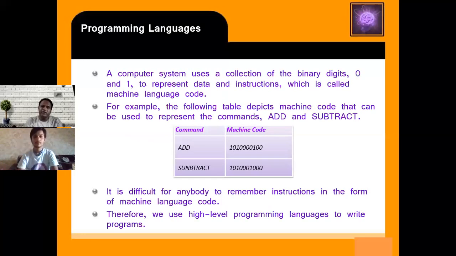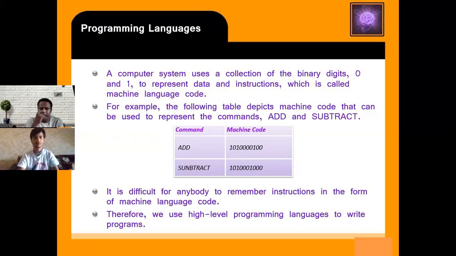A computer system uses a collection of binary digits. As I discussed earlier, a computer only understands 0 and 1 format to represent data and instructions, which is called machine code.